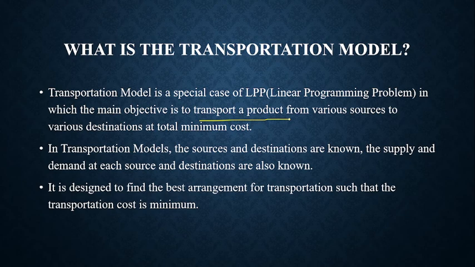That means we need to transport that specific supply from different sources or companies to a specific destination at a minimum cost. In a transportation model, the sources and the destinations are known, so the supply and the demand at each source and destination are also known. It is designed to find the best arrangement for transportation such that the transportation cost is minimum.